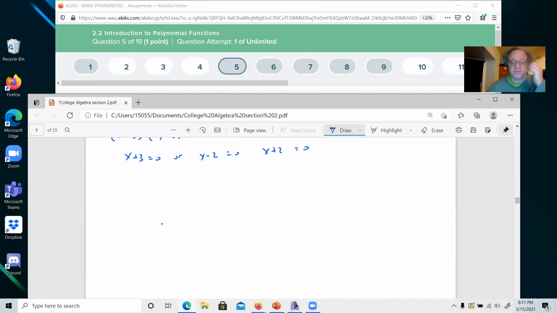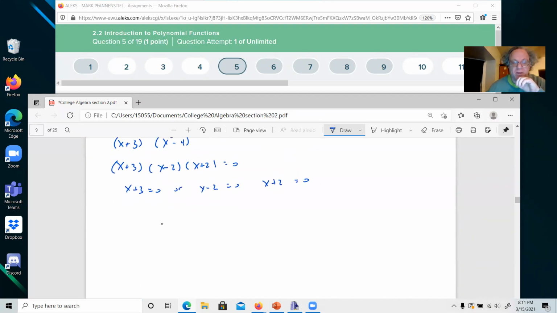This one is easy enough that we could probably see it, but just in case, maybe somebody hasn't done this in a while and needs some time to warm up. x equals -3, x equals -2, x equals 2. Those are our 3 zeros. So the zeros are -3, -2, and positive 2.